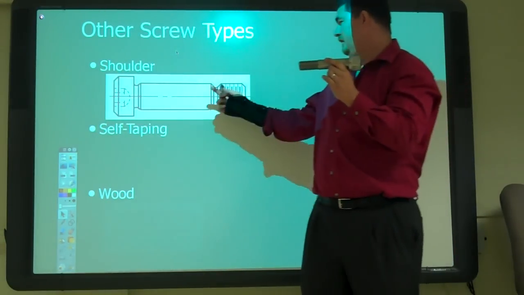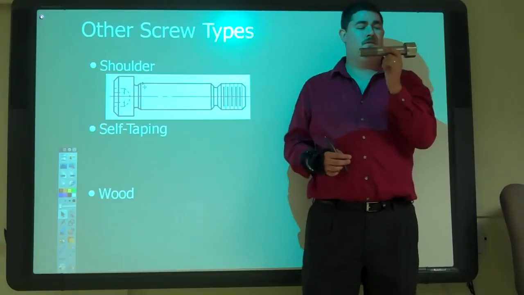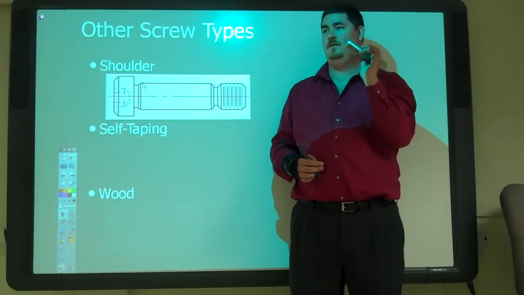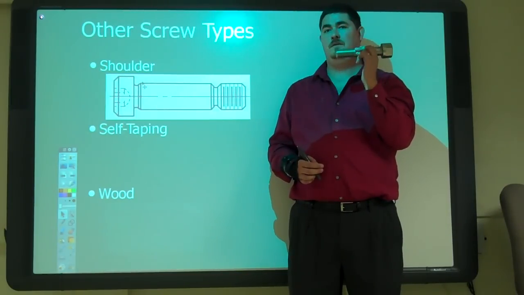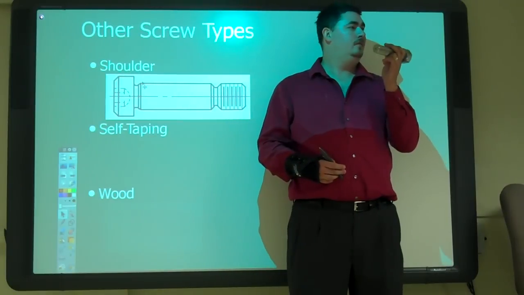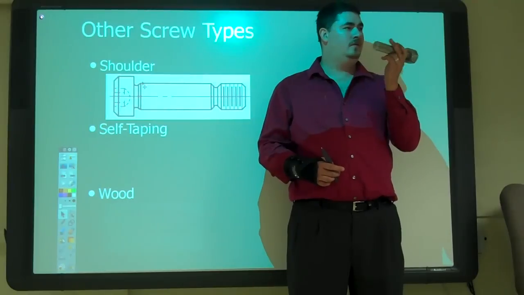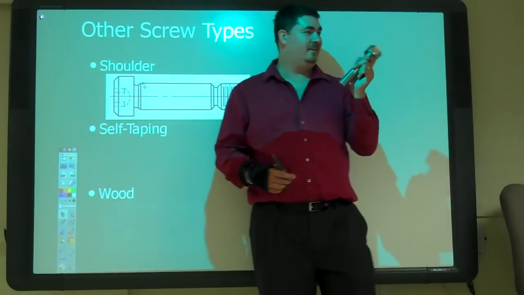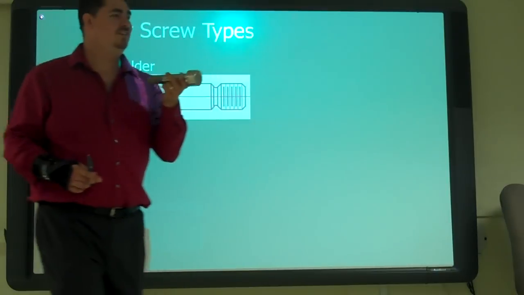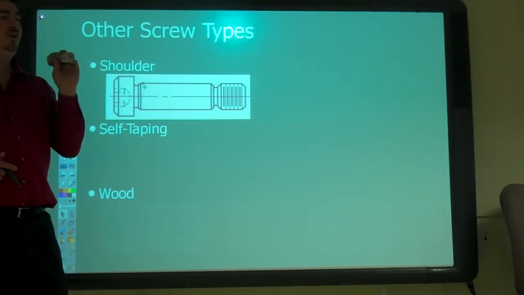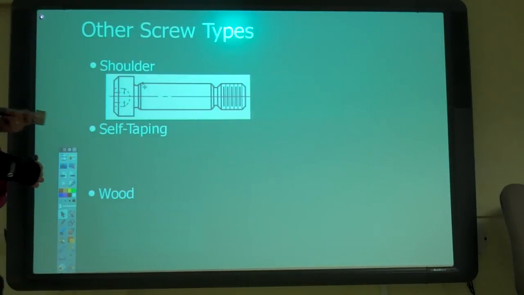Yeah, it's got little notches here. What do you think those are? No? Talked about this in 6 the other day. Oh no, it wasn't 6. Never mind. It was in 4C.